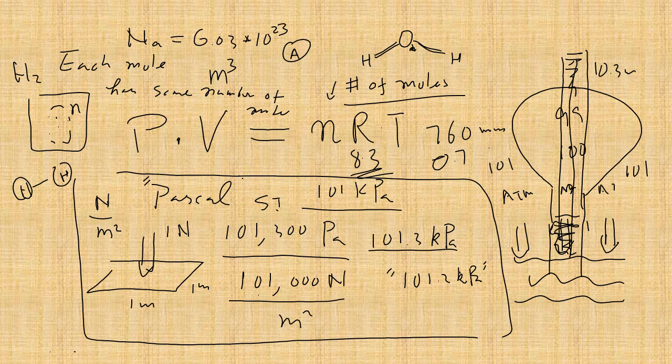So how much is that pressure at the bottom? That is called atmospheric pressure due to air. If you think about 1 meter squared, it is about 101 times 10 to the 3 newtons per square meter. So all that air is on top of us, and we have this much force on 1 square meter.